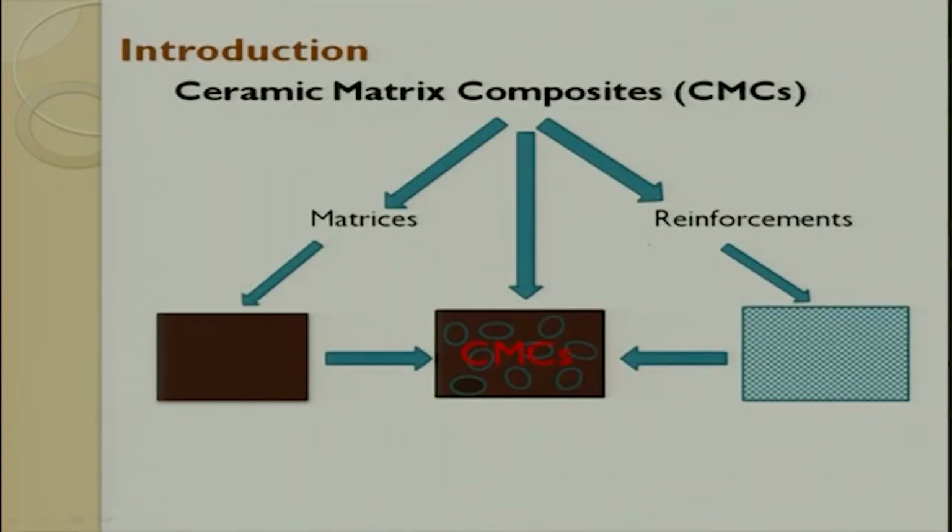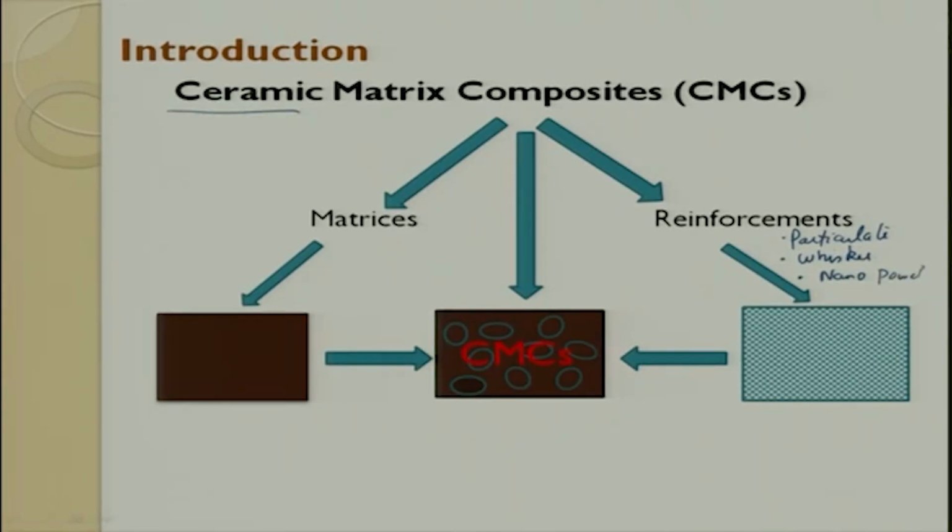When you talk about matrices, since the form of existence of ceramic is always powder form, the reinforcement we mix has to also be close to powder form. So, we always use particulate, whisker, and nano powder.